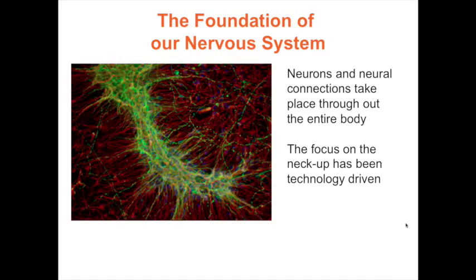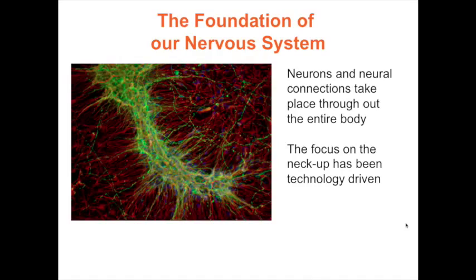But the neuron isn't just a brain cell, it isn't just the foundation of how we think in our head. Neurons and neural connections take place throughout our entire body. The focus in the talk about neuroplasticity and neuroscience has been very much from the neck upwards.